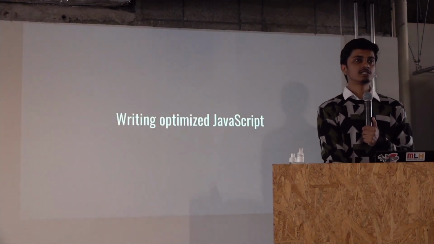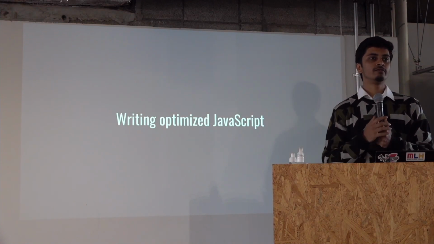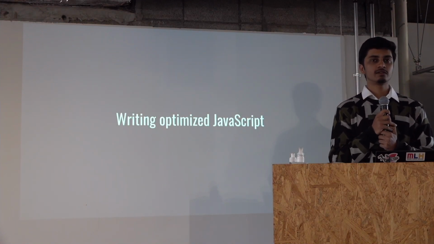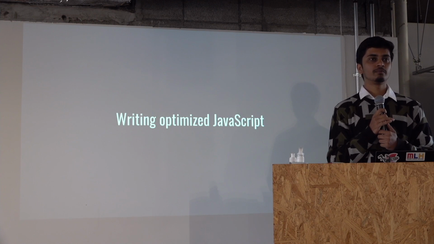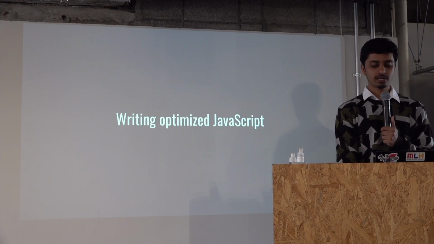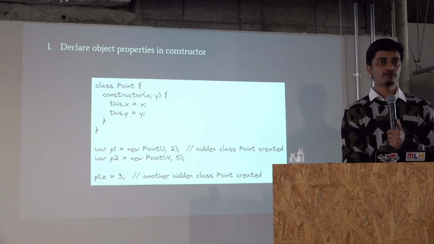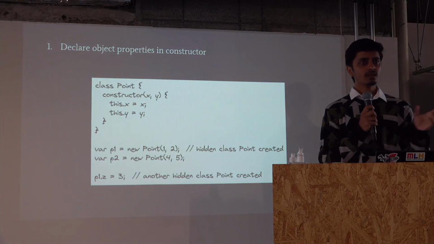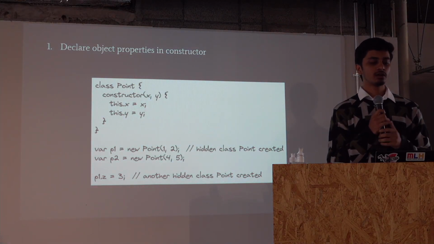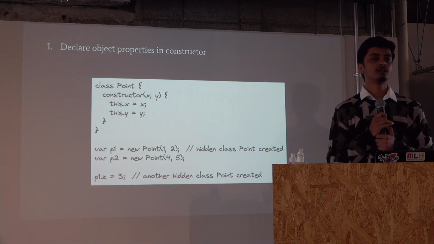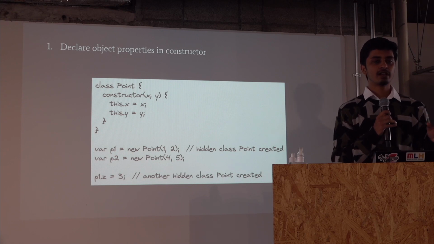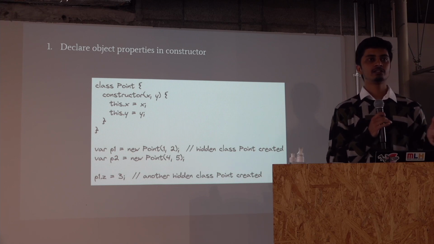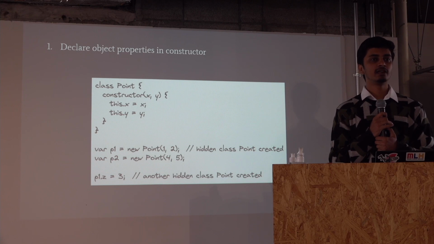Now coming to the last stage of the talk, which is how we can write optimized JavaScript using all these things that we talked about and this knowledge that we gathered. The first key takeaway is that you should declare your object properties in a constructor, because for every property you declare, we saw that a new hidden class is being created.